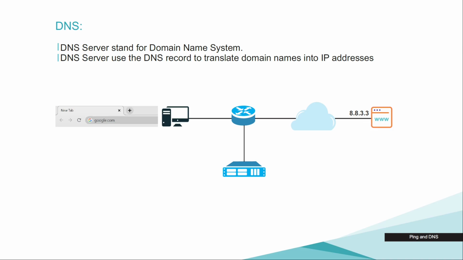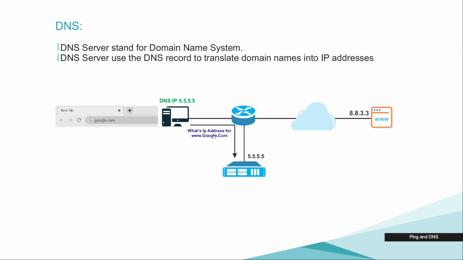For that reason, we use the DNS server. Let's see how the DNS server works. When we open our browser and type google.com, by default, our device is configured with an IP address for DNS. So any request we make has to go first to the DNS in order to get the IP address.